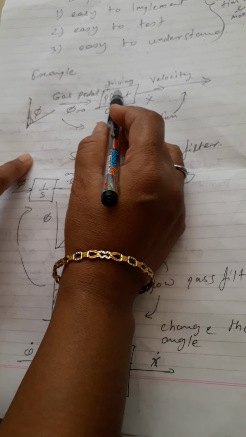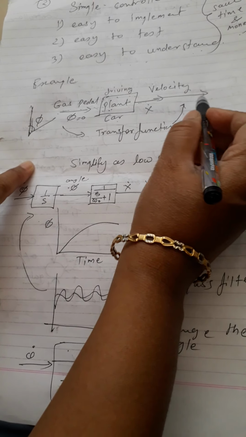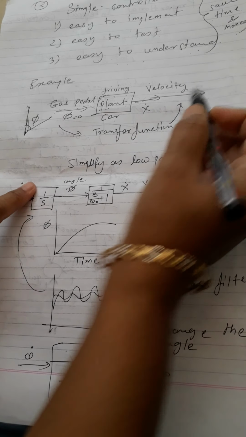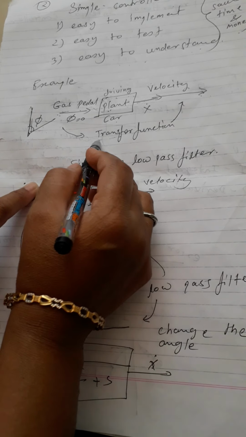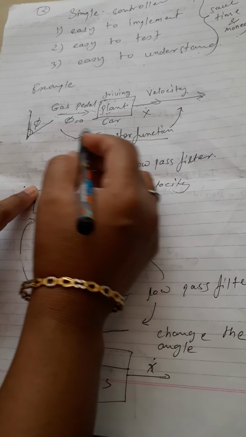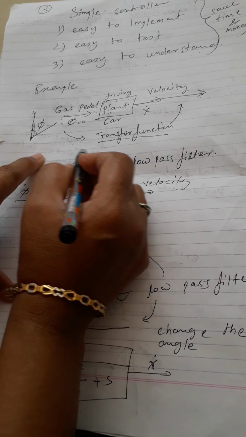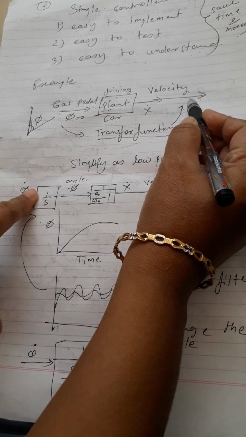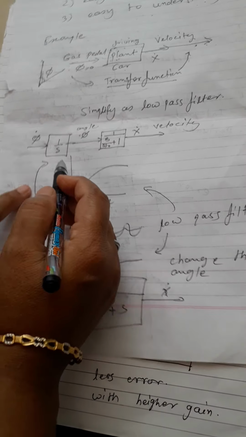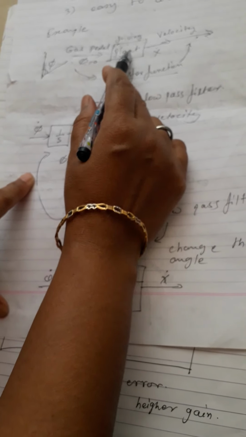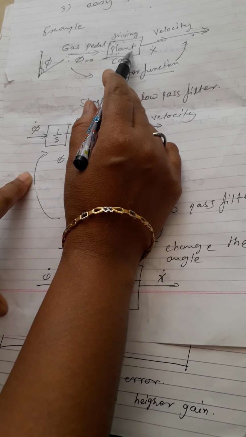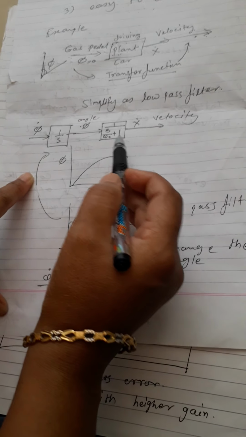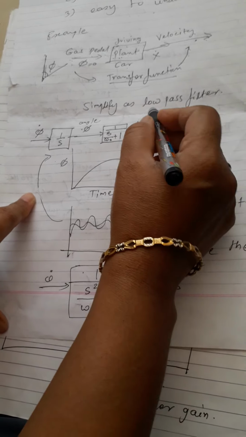If the car starts driving, we get the velocity. To control this gas pedal, we are using the transfer function. This gas pedal is directly proportional to the velocity. To control this car, or you can say the speed of this car, we are using the low pass filters.